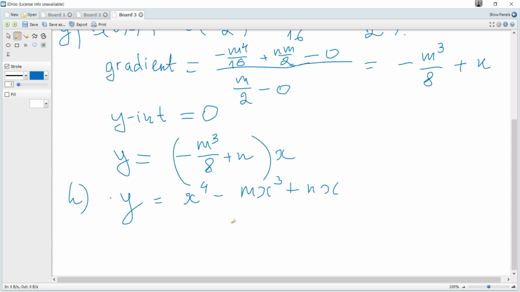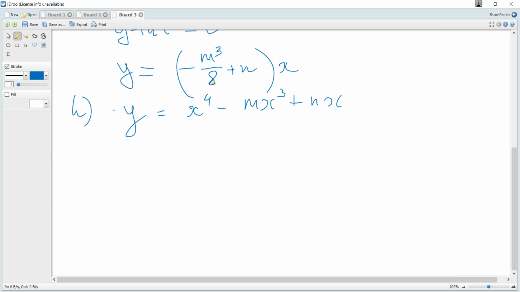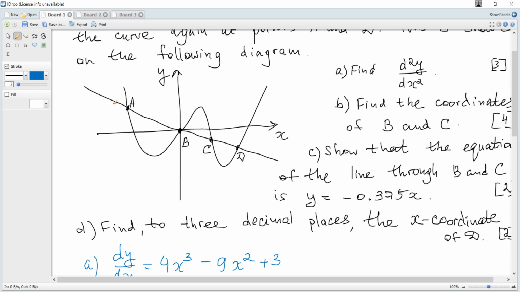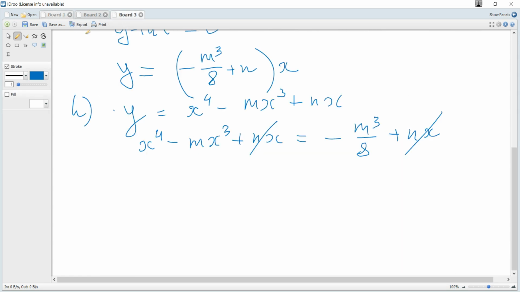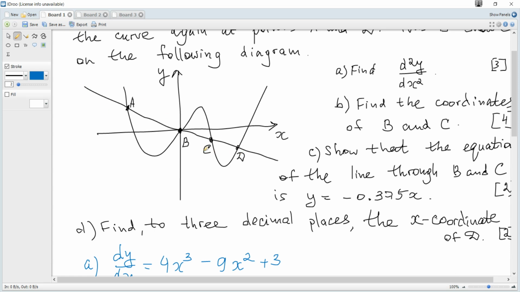And again, y is, we can equate these expressions, so it becomes x to the power 4 minus mx cubed plus nx is negative m cubed over 8 plus n, times x, and you can see nx cancels, and you can see it's a polynomial of degree 4, and in general there are 4 roots, and there will be 1, 2, 3, 4 roots, because the graph is absolutely similar to this.